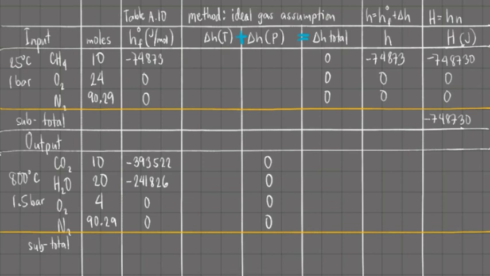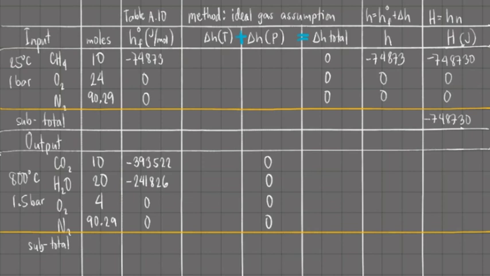Either we perform case 2, in which the heat capacity is modeled as a function of temperature, or we can do case 3, wherein we can get the heat capacity of the gases both at 25 and 800 degrees Celsius and then average it to get our delta H with respect to temperature. Okay? But lucky for us, there are tables dedicated for combustion products which already give us the value of delta H with respect to temperature change for ideal gases.